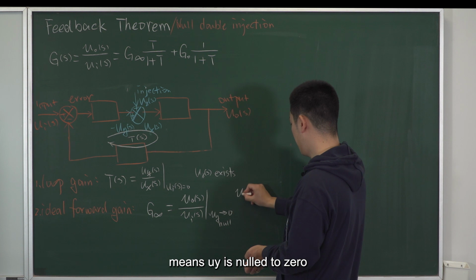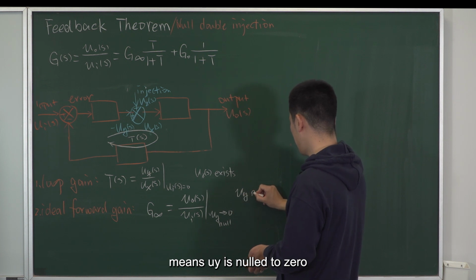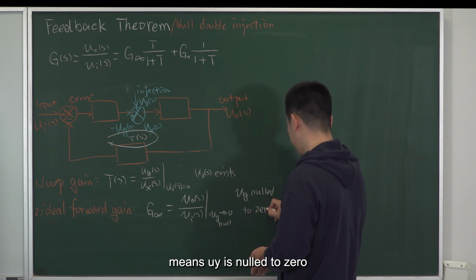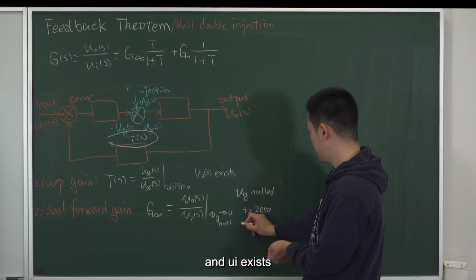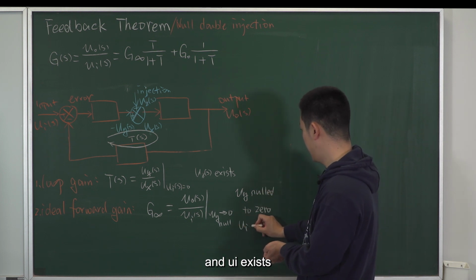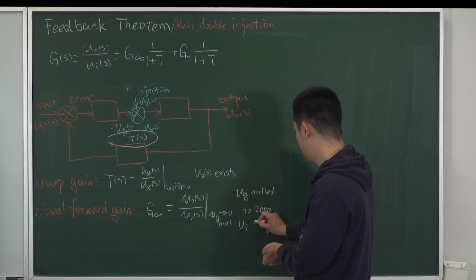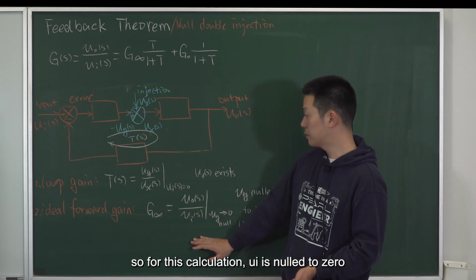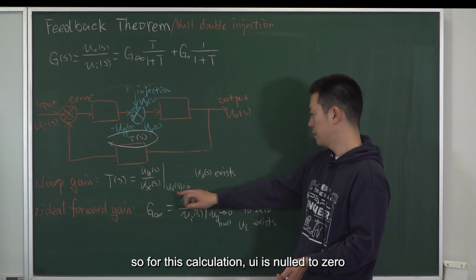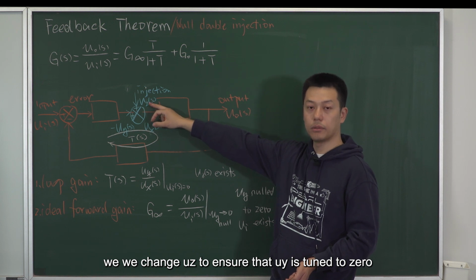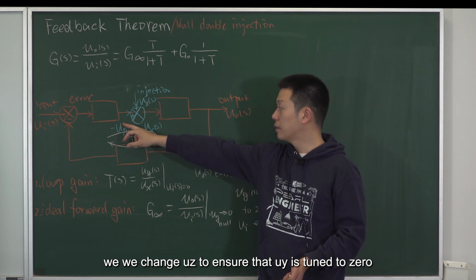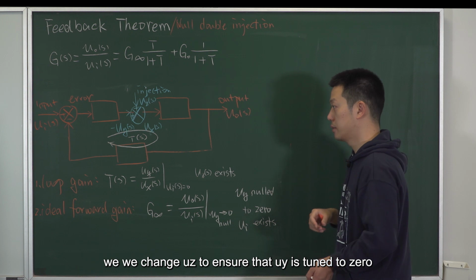Ui exists, so for this calculation, Ui is not 0, right? We change Uz to ensure that Uy is tuned to 0.